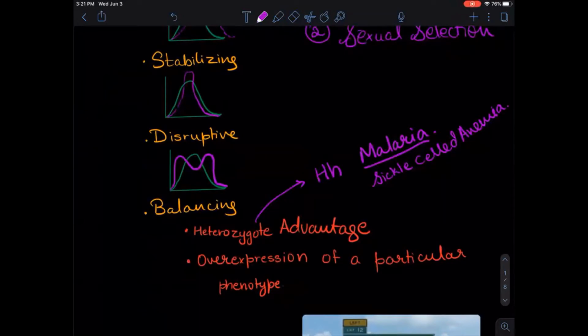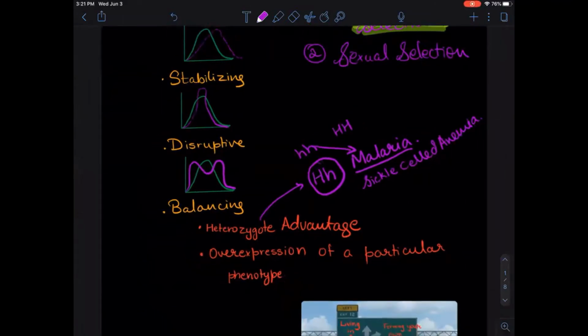Therefore, individuals that have a heterozygous condition for the red blood cells are favored over individuals that have either a dominant sickle cell anemic condition, which would cause them to perish because of lack of oxygen, or a recessive trait, which would lead to malaria. This trait is generally present in African American communities, because in Africa, traditionally, malaria is a very fatal disease.